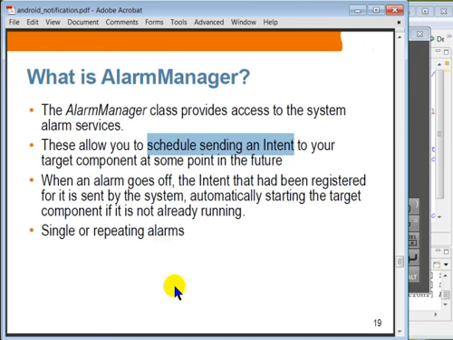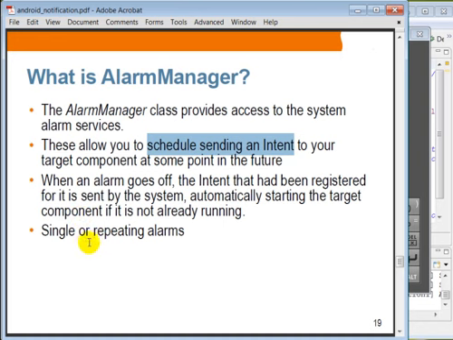Something like that. Or every 10 minutes, I want to display a web page. When an alarm goes off, the intent that had been registered for it with the Alarm Manager will be sent by the system, automatically starting the target component if it is not already running. Again, the target component could be an activity, service, or broadcast receiver.